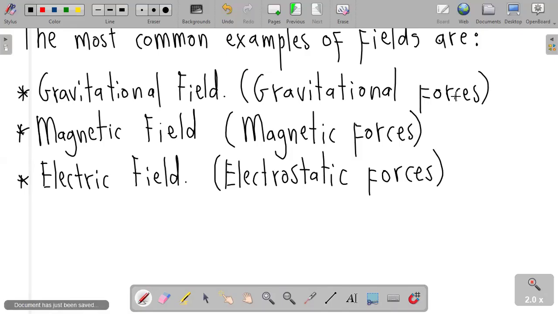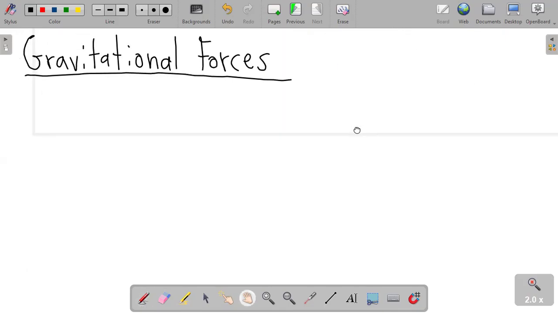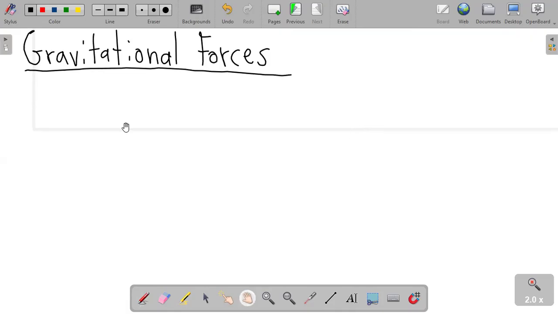So let's talk about the first type, gravitational forces. So, what are gravitational forces? We begin by defining.